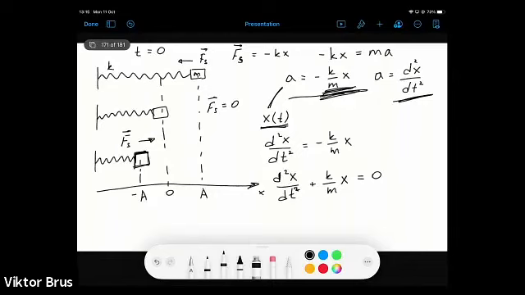So in this particular case, this is a second order linear differential equation. Second order because we have the second derivative of the unknown function x.